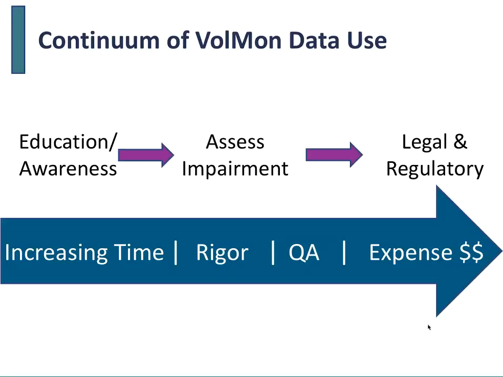And then there are others that want to be able to fill in data gaps that they see with their local, regional, state, or federal agencies. So as you move from environmental education to that more legal, regulatory, you do increase the amount of time that you spend, your scientific rigor, your QA, QC requirements, and the expenses, both the expenses that hit your pocket and hit your time. All right, Julie, you can move on.